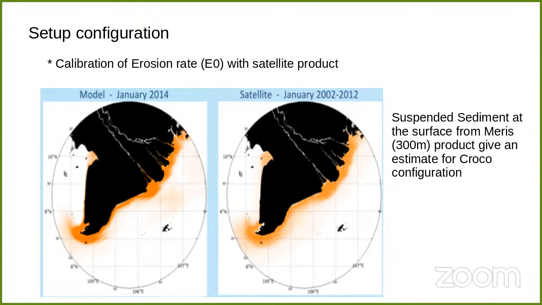For the model on the left, you have your simulation. You can do a long simulation, and then you can see if you fit or not with the Maris product. So this is one way to calibrate this parameter.